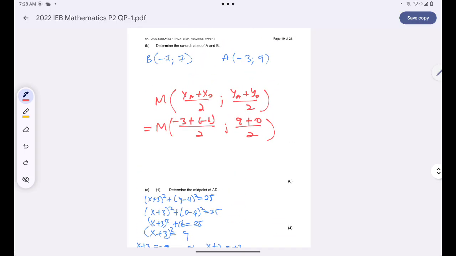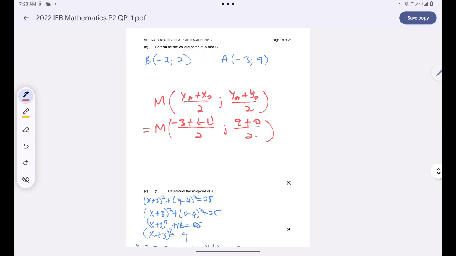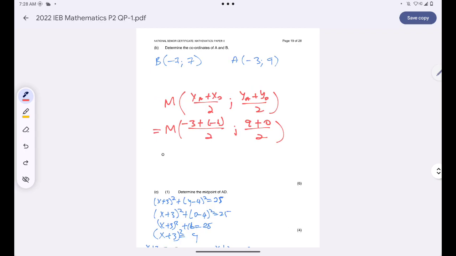That's why it's 0 at D, because D is at the x-axis. So the coordinates of the midpoint are negative 9 over 2 and positive 9 over 2.